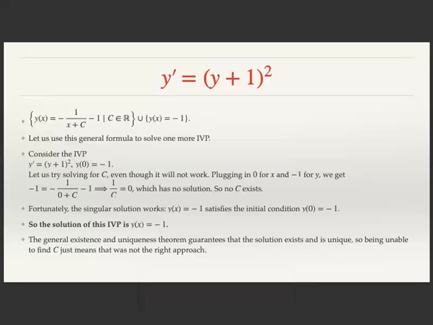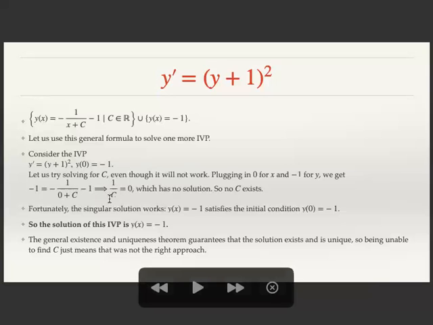Whenever you divide 1 by a real number, you get a non-zero answer. And 1 over 0 just doesn't work. So no c exists if we try to use the first formula to solve the initial value problem.